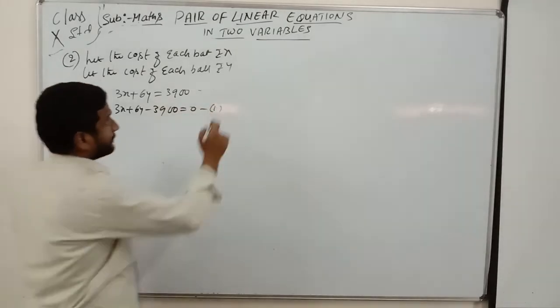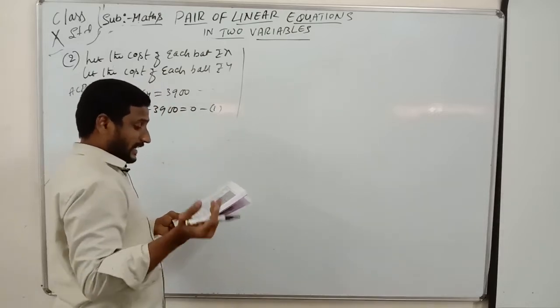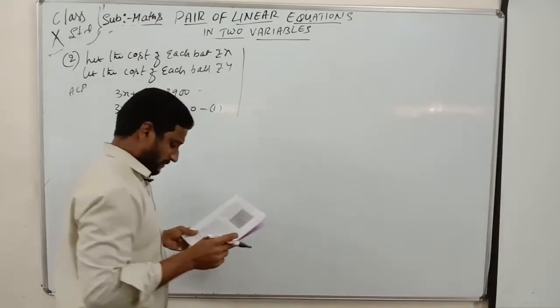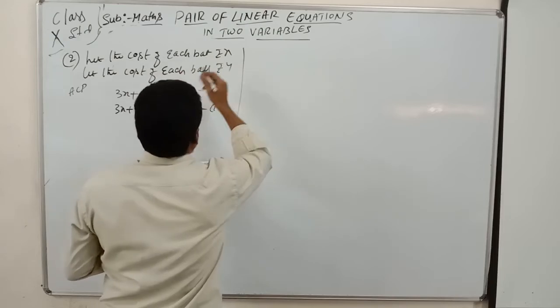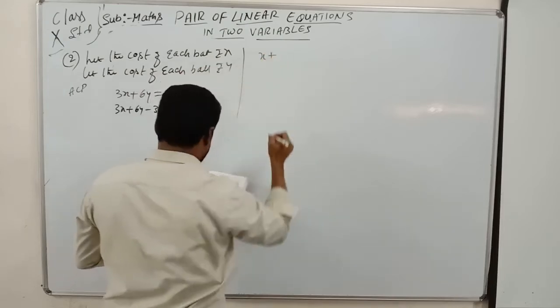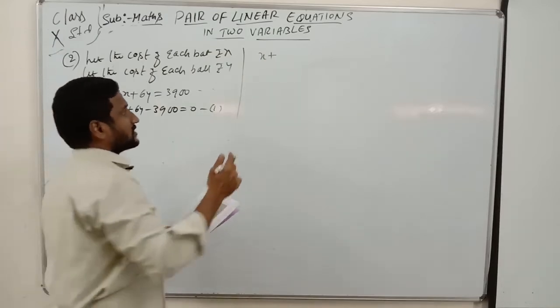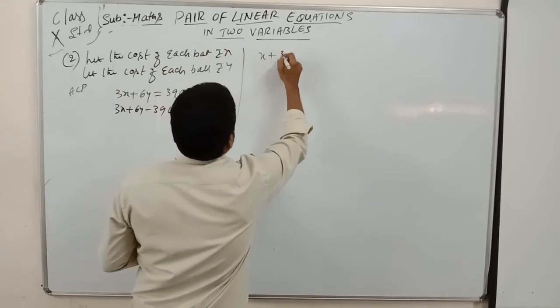Next, another equation. Later the coach buys another bat. Another bat means one bat. One bat costs x rupees, plus 3 more balls. One ball costs y, so for 3 balls it is 3 into y.